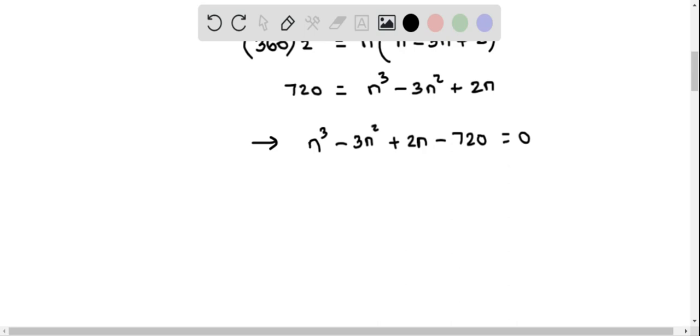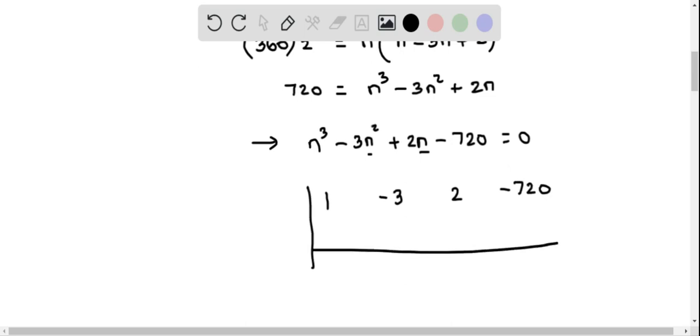I'm going to put the coefficients like this. The coefficient of n cubed is 1, so I put 1 first, and then the coefficient of n squared is negative 3. So I put negative 3, and then the coefficient of n is 2, and finally the constant term, that is negative 720. So we are using this synthetic division.